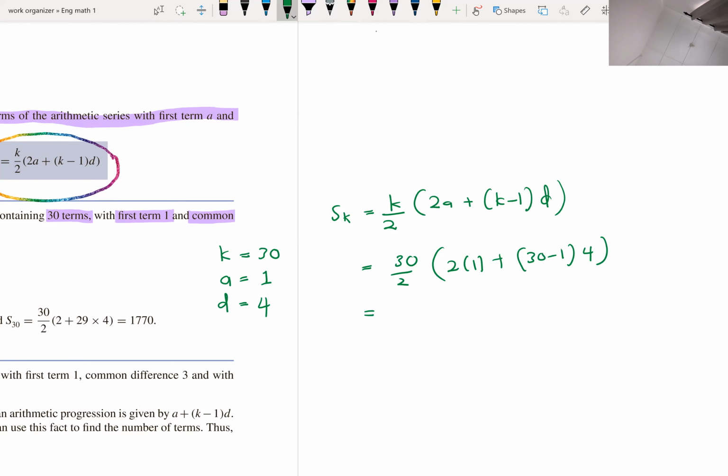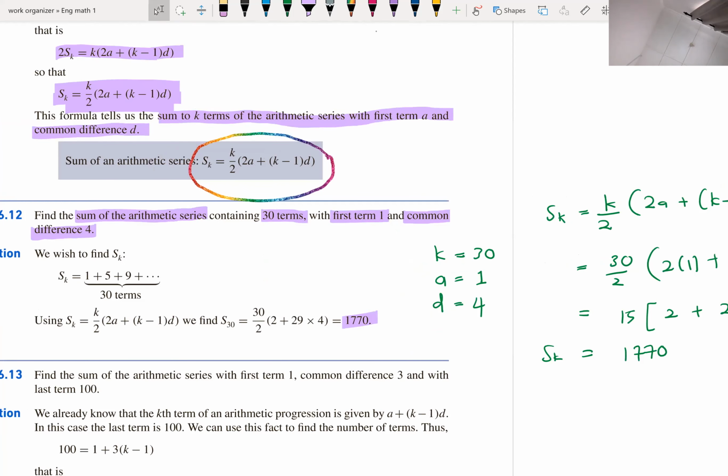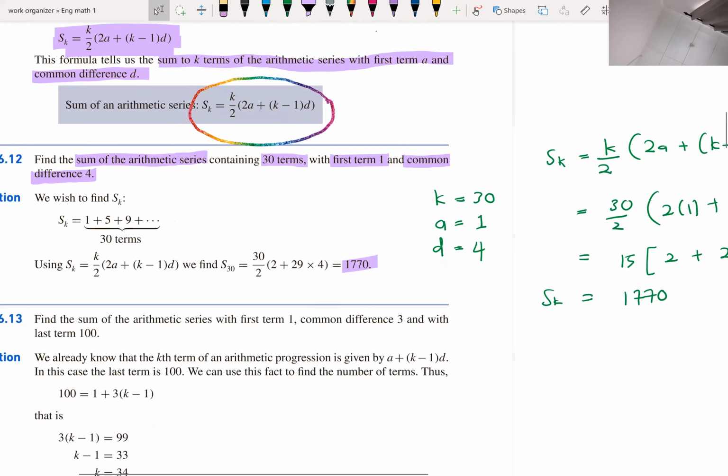So we have 15 times 2 plus 29 times 4. Finally we get the answer 1770. So this is the sum of the arithmetic series. Then we look at example 6.13.